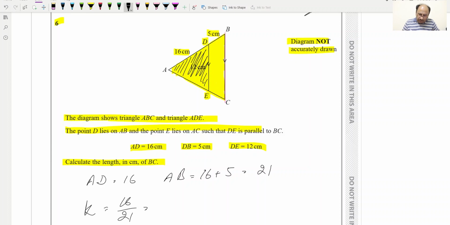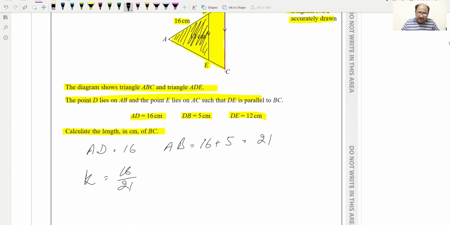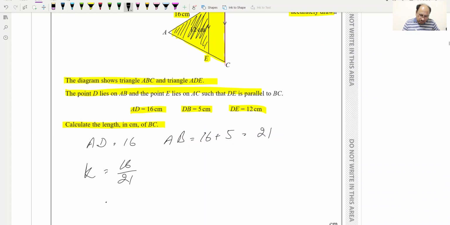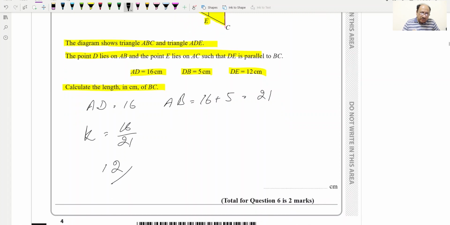So for the side BC, we have basically the DE length. So DE is 12. So 12 will be divided by 16 over 21.